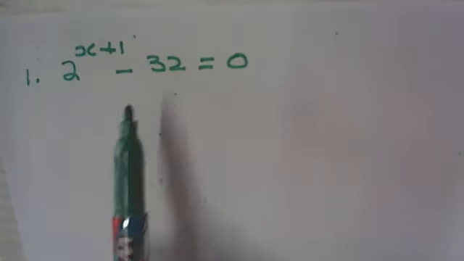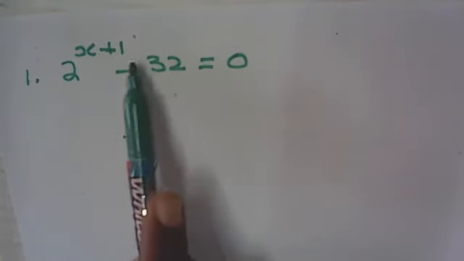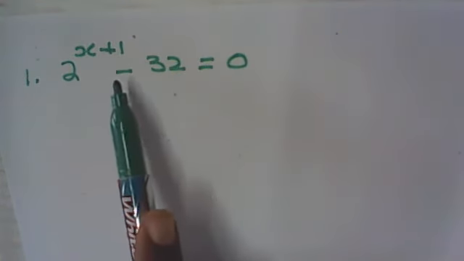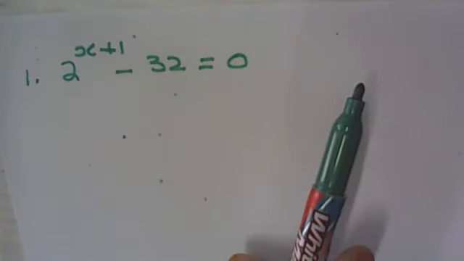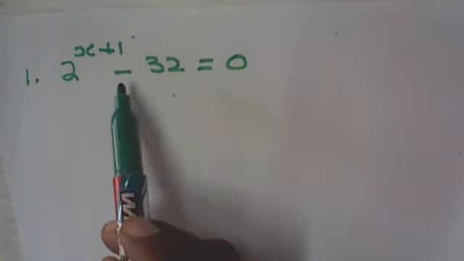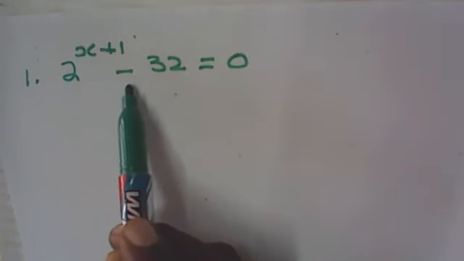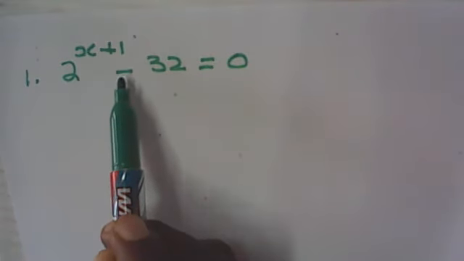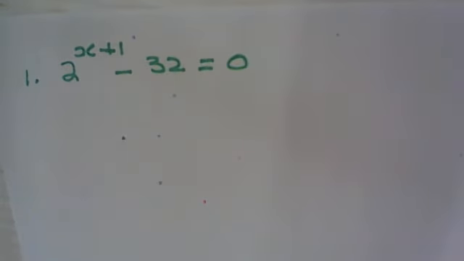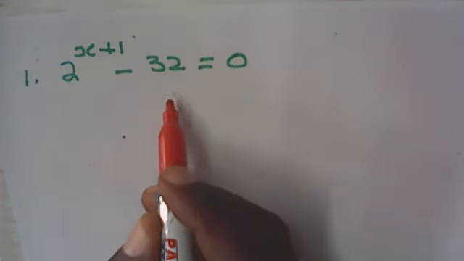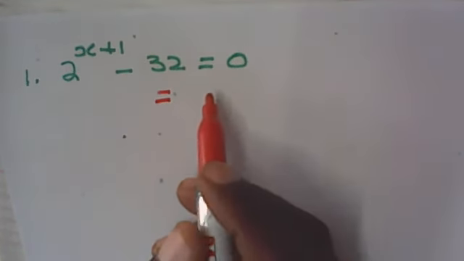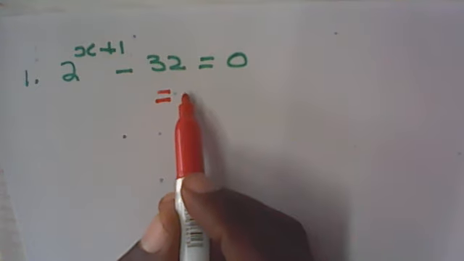The first step is to get rid of the numbers, that is the constants. You move them to that other side. You undo a negative sign by addition. Meaning, if you undo this, you are going to add 32 to 0. Remember, I told you that I prefer shortcuts.